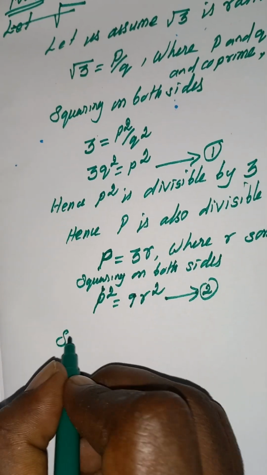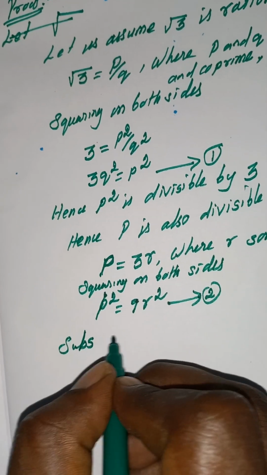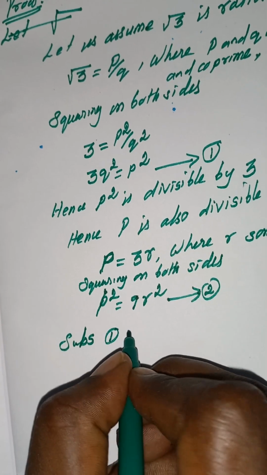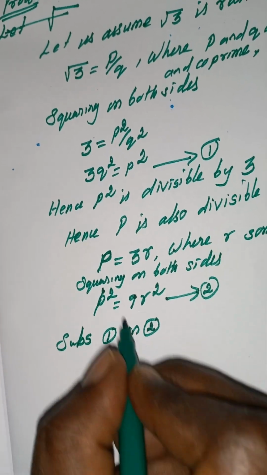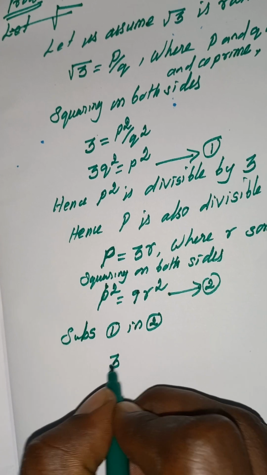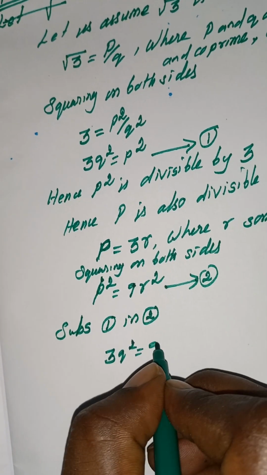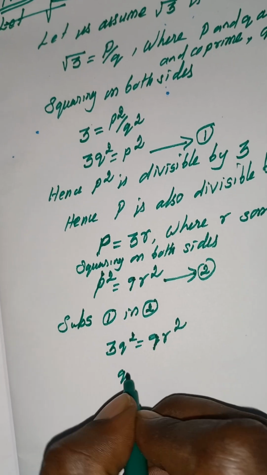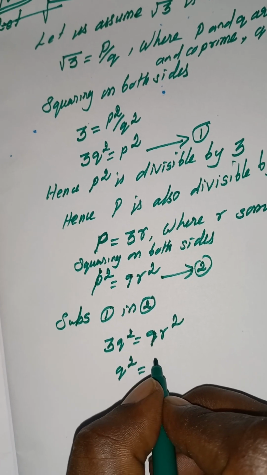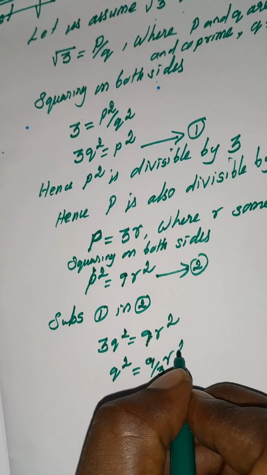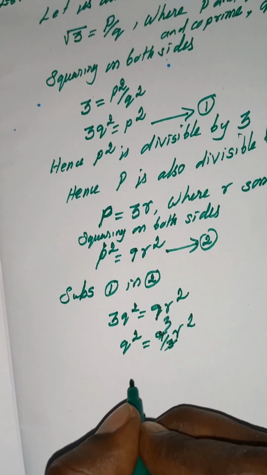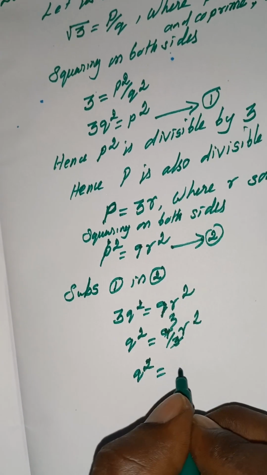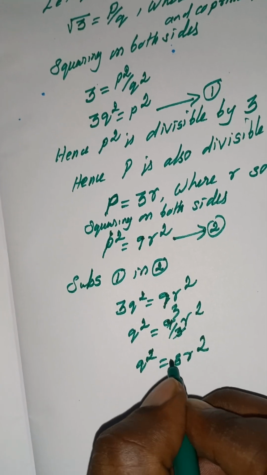So substituting 1 in 2, we get 3q square equal to 9r square. This 3 goes over there, 9 by 3 r square. We cancel 3. So q square is equal to 3r square.